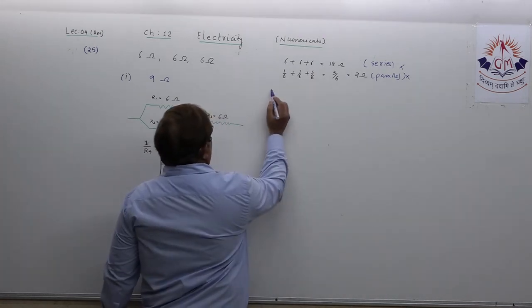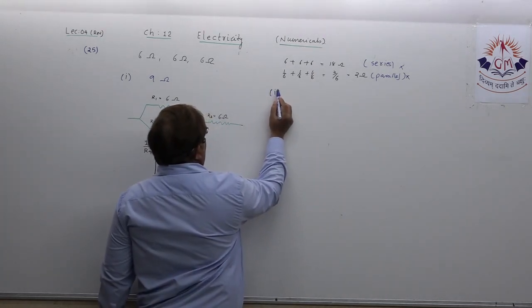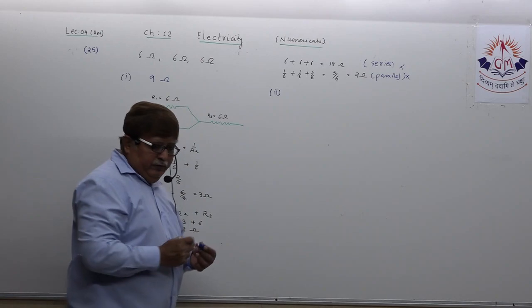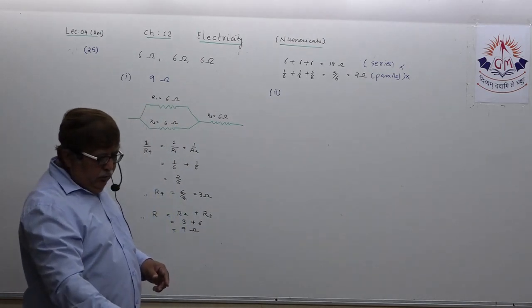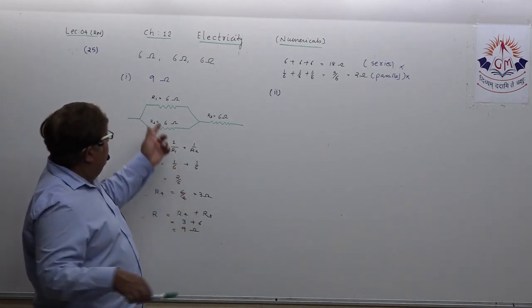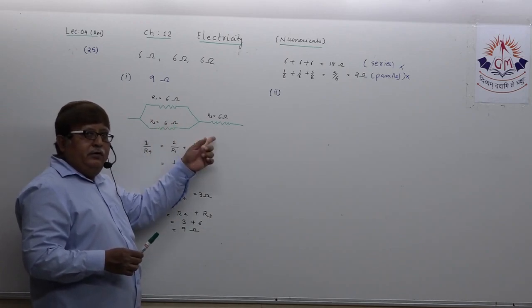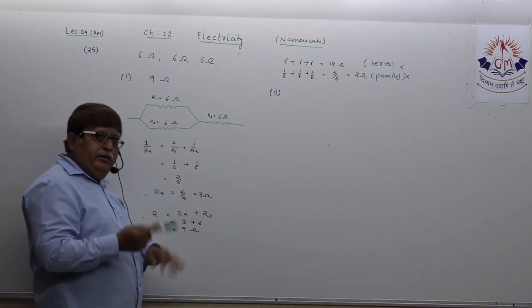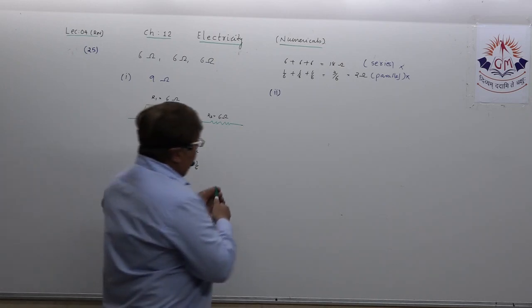See, suppose, what second combination I told you? 2 in series. Here it was 2 in parallel, then series. Now 2 in series and then parallel. So this way it is possible.